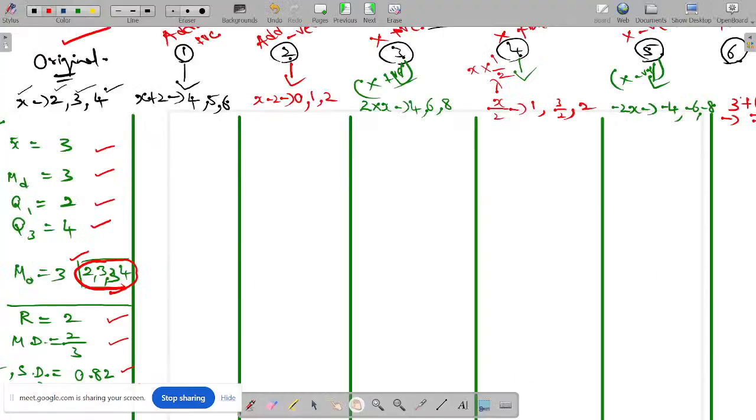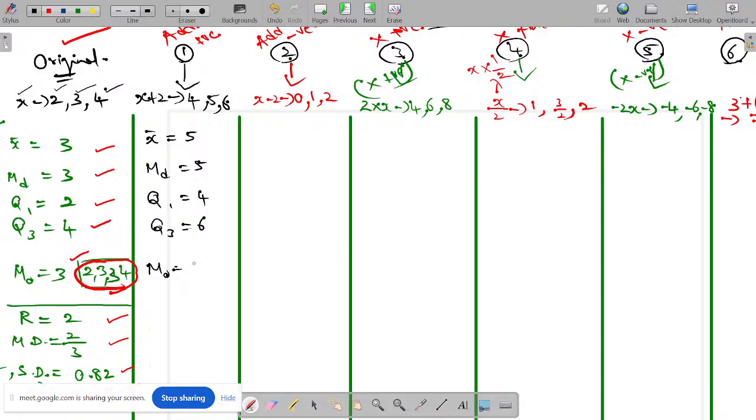Yes, x plus 2, where we are getting the values as 4, 5 and 6. What is x bar? 5. Median? 5. Quartile 1? 4. Quartile 3? 6. Mode? Probably you might have taken 4, 5, 5 and 6, right? Because it was 2, 3, 3 and 4.